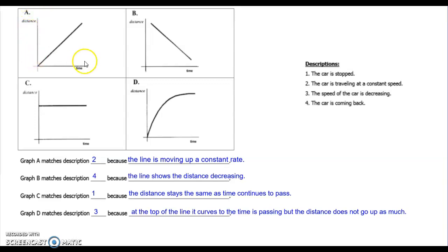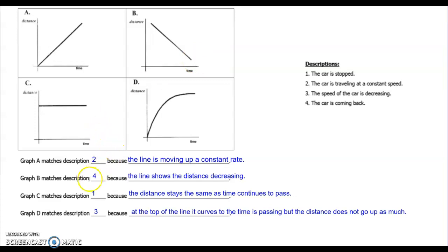We have distance over time on this line, and it's just moving up at a steady pace. On graph B, we have the distance on Y, we have time on X, and we can see that as the time is continuing to increase, the distance is getting less, so it is coming back. So the distance is decreasing.